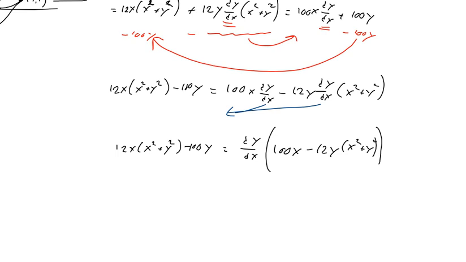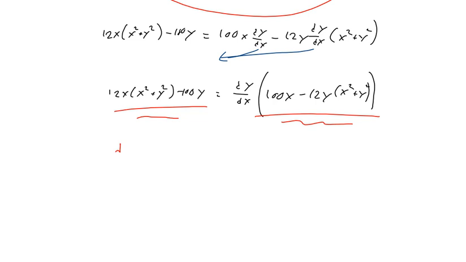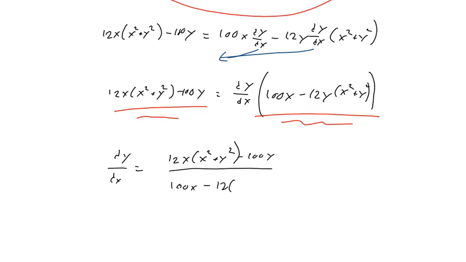And now I can divide this whole thing over here. dy/dx equals 12x times x squared plus y squared minus 100y over 100x minus 12y times x squared plus y squared. Whew! That's complicated.